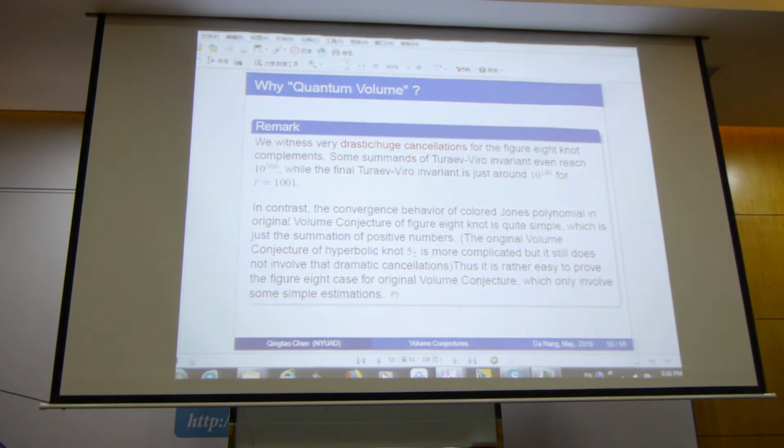So this is very different from the original volume conjecture. In the original volume conjecture, we don't have such huge cancellation. Here we have a huge cancellation when we do the asymptotic expansion. So this is my starting point of my recent work with Qingtao Chen.